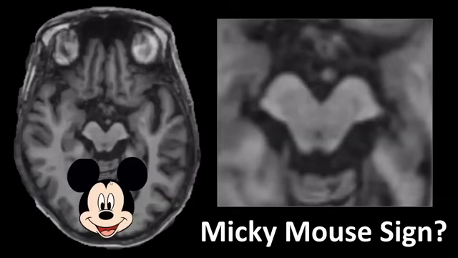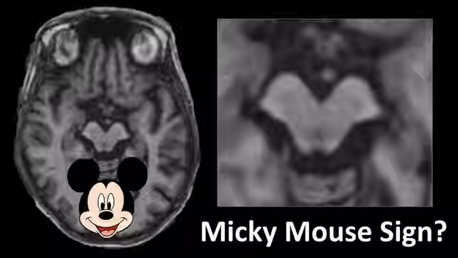Another sign described in progressive supranuclear palsy is the appearance of the midbrain on axial images. It is said that due to atrophy, the cerebral peduncles stand out, and now your midbrain looks a bit like Mickey Mouse. So we can see the resemblance, but to be honest with you, in every midbrain you look at in the axial plane, you can recognize a Mickey Mouse head in that configuration.